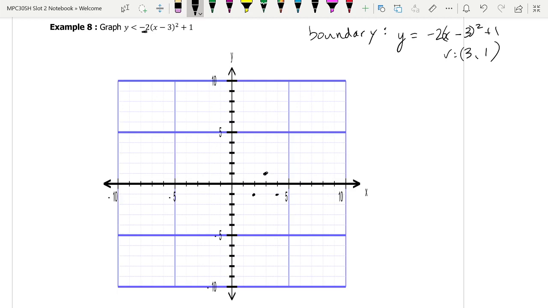A normal parabola would go 2 over and 4 down if it was negative 1 for an a value. So this is going to be negative 4 times 2, so that's negative 8. So 2 over, and then 8 down. There's 6, 7, 8. There we go. That's all the points that I'm going to fit.